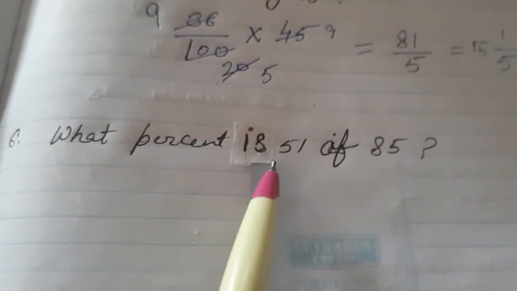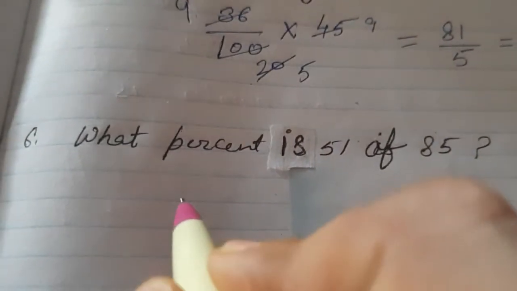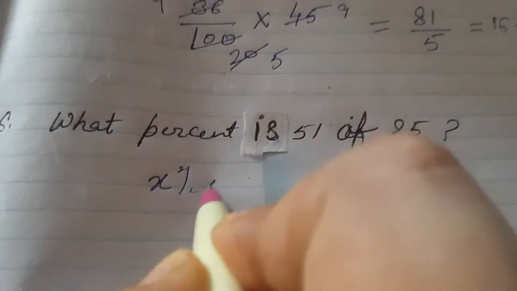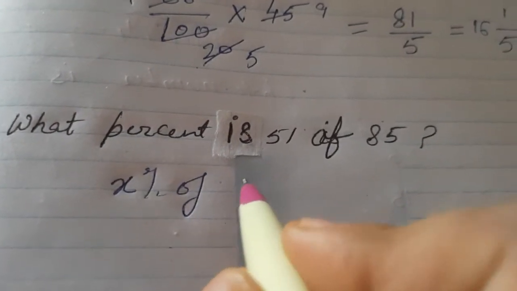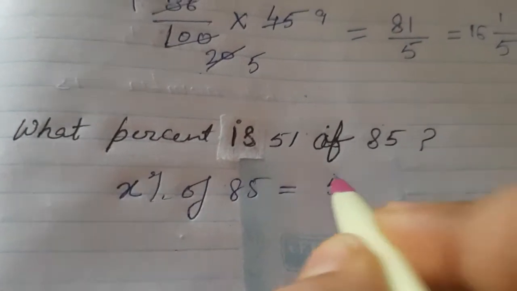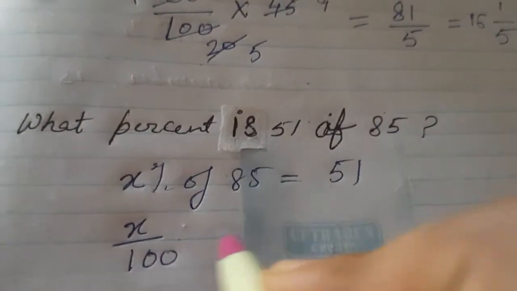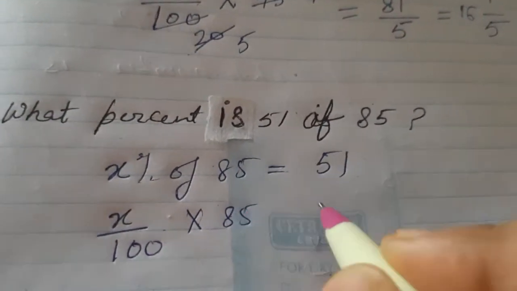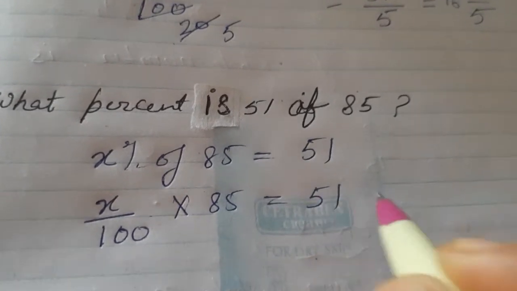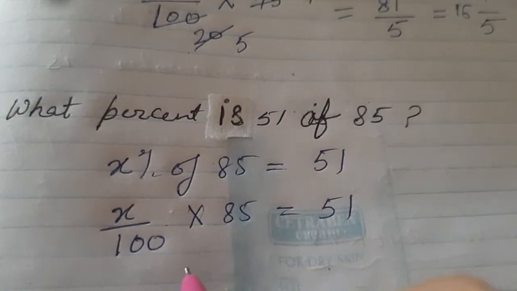So next question is, what percent is 51 of 85? Let us take x percent of 85 is equal to 51. So x percent can be written as x by 100. Of means multiply, 85 is equal to 51. Now we will do the cross multiplication.